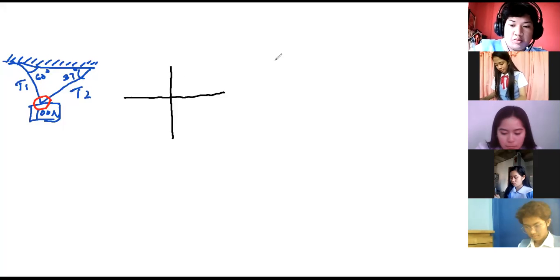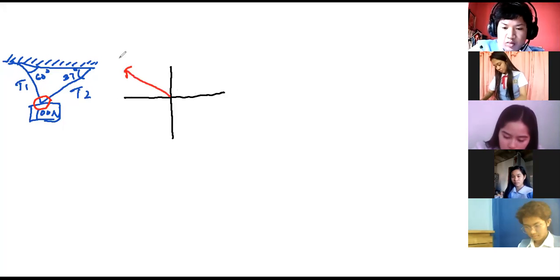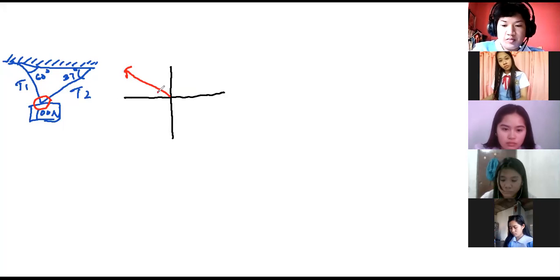And then let's first draw the first vector, the first force. The first force is moving upward. Now, if this is 60 degrees, definitely this one is also 60 degrees.